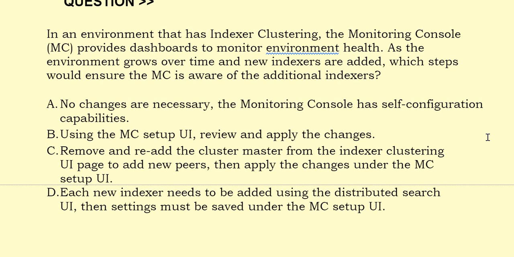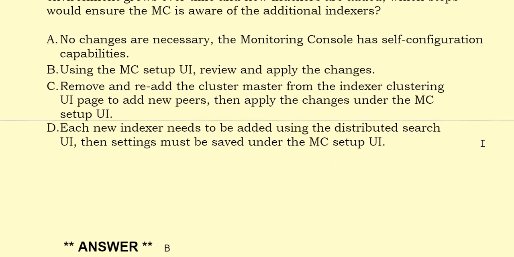Option C. Remove and re-add the cluster master from the indexer clustering UI page to add new peers and then apply the changes under the MC setup UI. Option D. Each new indexer needs to be added using the distributed search UI, then settings must be saved under the MC setup UI. The correct answer is option B.